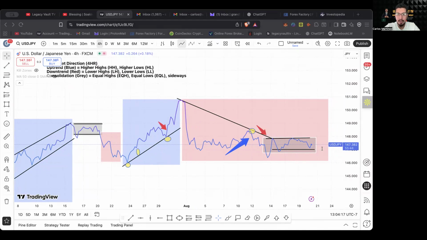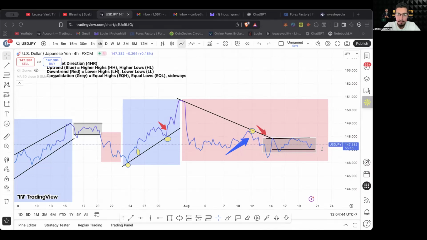The trend confirmation, the reason why this is so important to learn and to identify is because it helps traders align with the dominant market direction. You can also spot entry and exit points. Spotting higher highs and higher lows, or lower highs and lower lows, signals potential continuation or reversal opportunities.